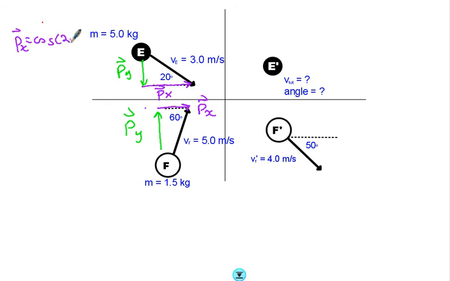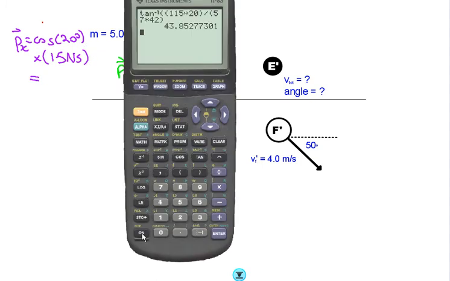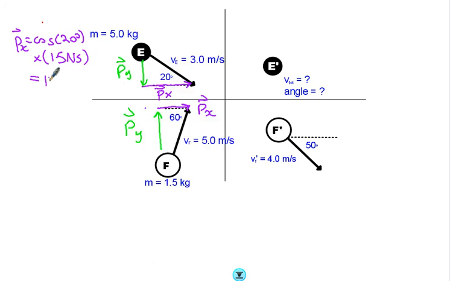Cosine of 20 degrees times, and the momentum of this object is 3 times 5 is 15 Newton seconds. So there's 14.0954 Newton seconds.